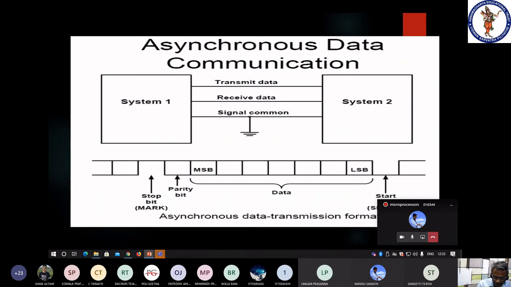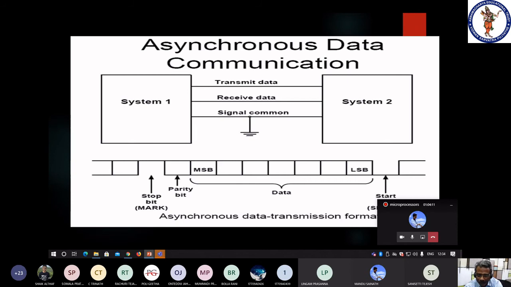Let the bit rate be 1K. How much time does it take to transfer 1 bit? Understanding the question is very important. Bit rate is 1K, that is 1000.